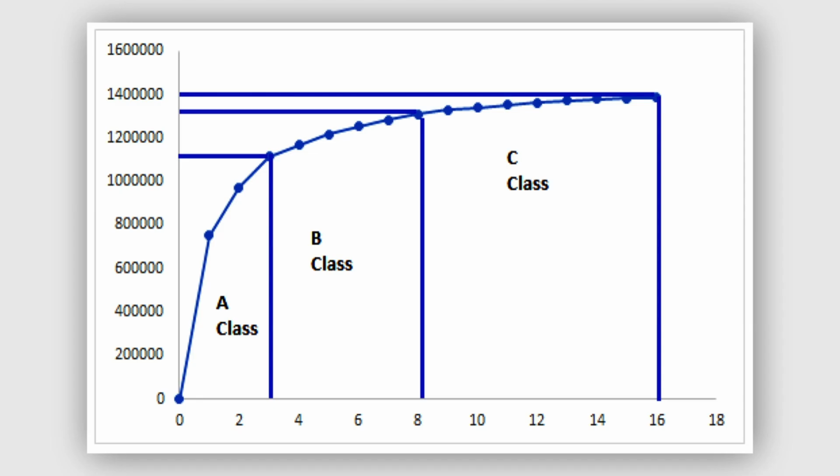So we have to control A and B class items more than C class items, so that excessive working capital is not tied up and is saved for operational expenses, not in the form of dead inventory. This way ABC analysis gives better control of stores management.